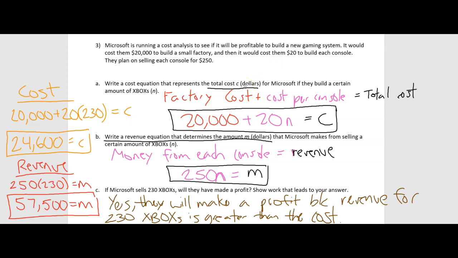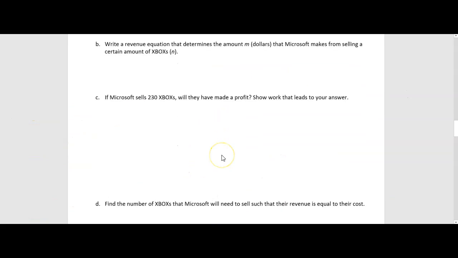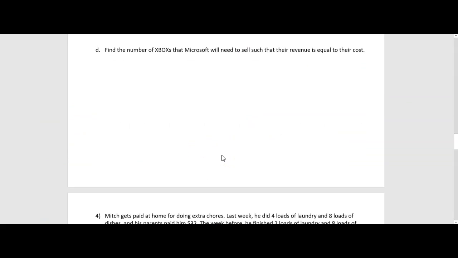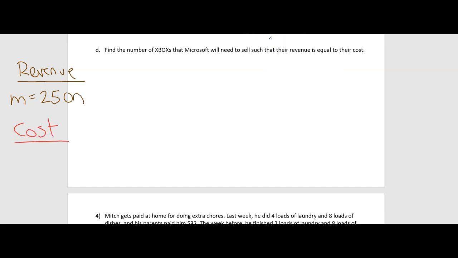Okay, there is one more part to this. There is a part D down below. And part D says, find the number of Xboxes that Microsoft will need to sell such that their revenue is equal to their cost. Well, remember, we have revenue, M equals 250 times N. And we have the cost equation, right? I'll write it like this.